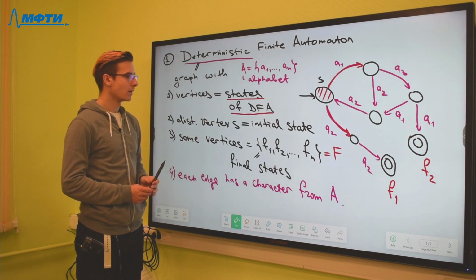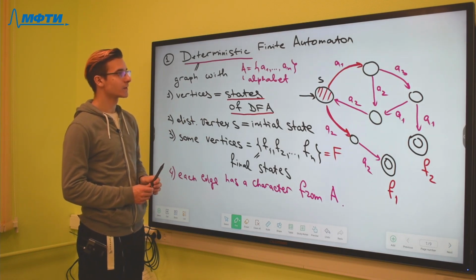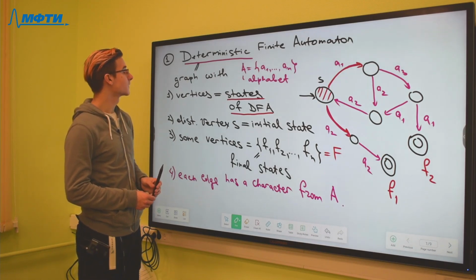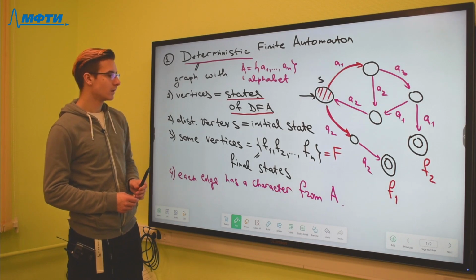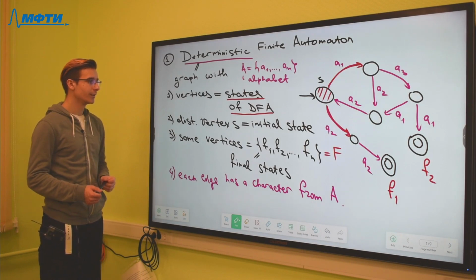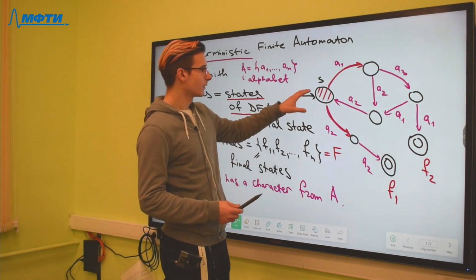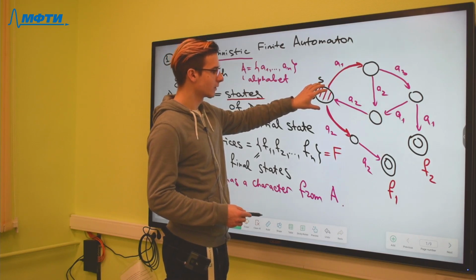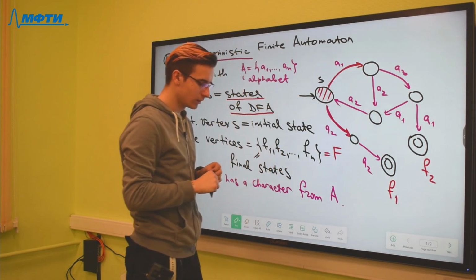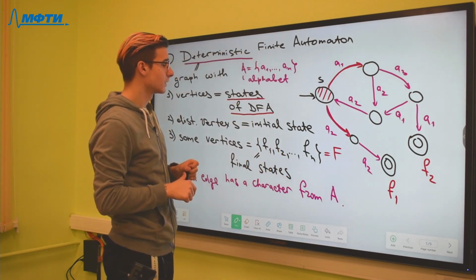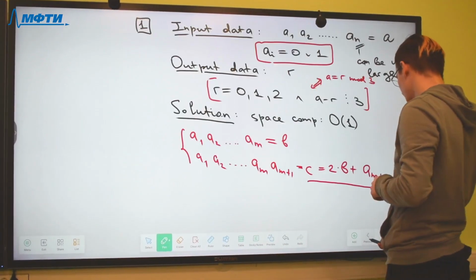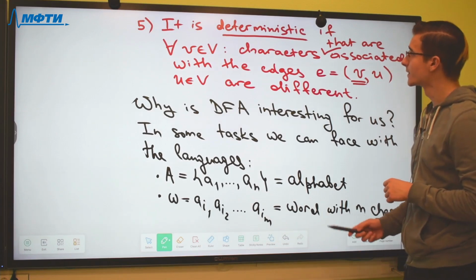So we name it a finite automaton, and we say that it is deterministic if from one state we go to another state by the edge and this restriction is true.